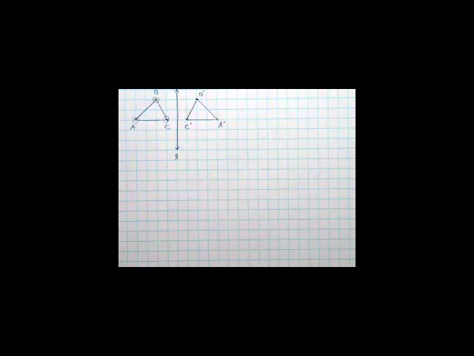Okay? However, is a reflection a rigid motion? Are the image and pre-image congruent to each other? Yes, they are. Remember, congruent simply means same shape and size. So is the first triangle and the second triangle the same shape and size? Yeah. So it is a rigid motion. It's just been turned around. Okay?